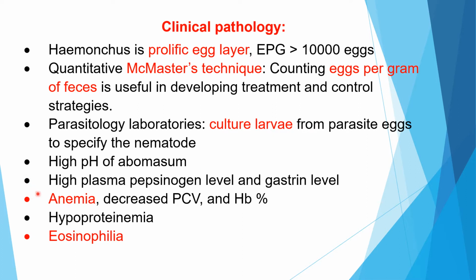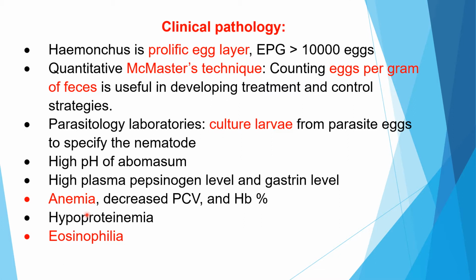There is a high plasma pepsinogen level and high plasma gastrin level. There is severe anemia, and anemia is proportional to the worm burden. Remember this.